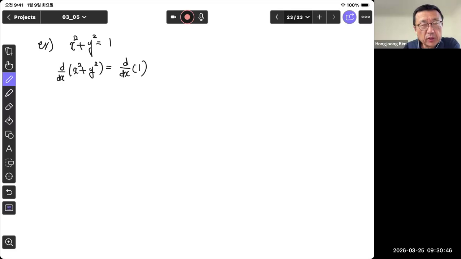When I differentiate the left hand side, I have two terms, so I need to differentiate term by term. If I differentiate the first term, you get 2x.